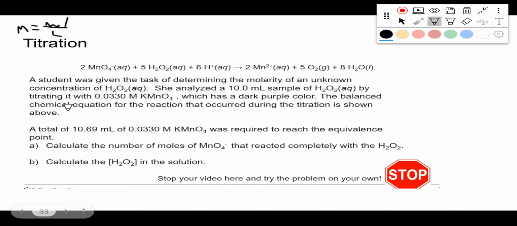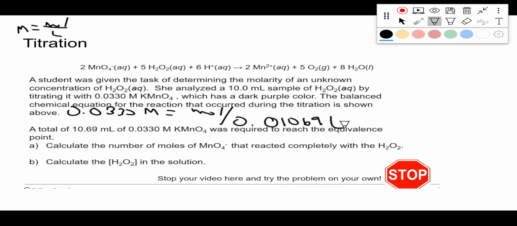So I'm going to plug in the 0.0330 molarity. I'm solving for my moles. In my liters, I cannot leave it in milliliters. I have to take 10.69 divided by 1,000, and that is going to give me 0.01069 liters.